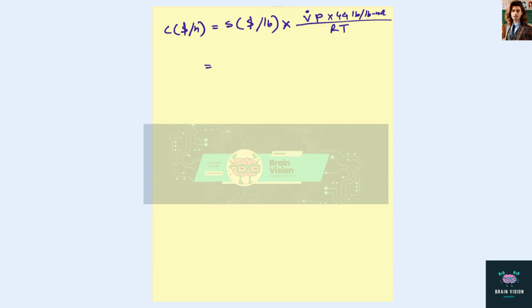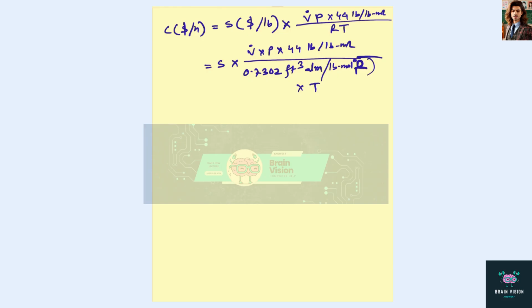Now let's use the constant R here. Therefore, S multiplied by VP 44 pound per pound mole divided by gas constant, which is 0.7302 feet cube atm per pound mole Rankine, multiplied by temperature.